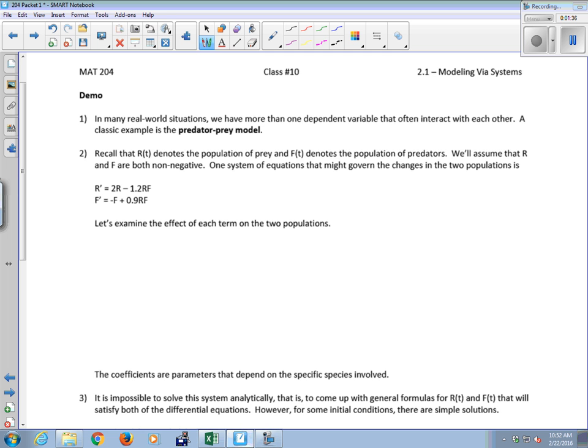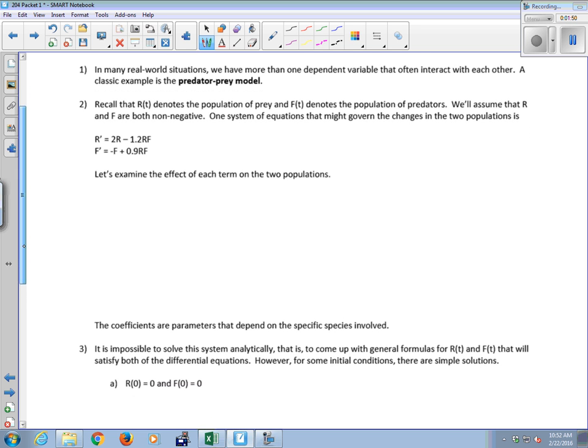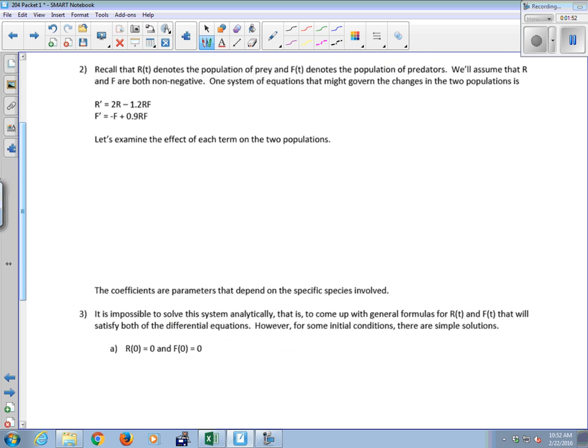Okay, in many real-world situations, you have more than one dependent variable that often interact with each other, and a classic example is the predator-prey model. We talked a little bit about predator-prey models earlier in chapter 1, but let's remember, if we let R of t denote prey, R for rabbits, F of t, predators, typically F is for foxes, typical predator-prey, fox and rabbits.